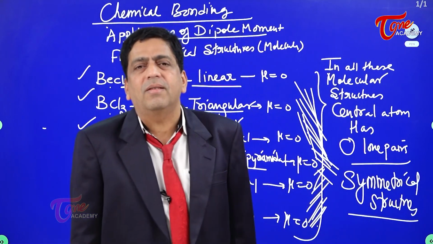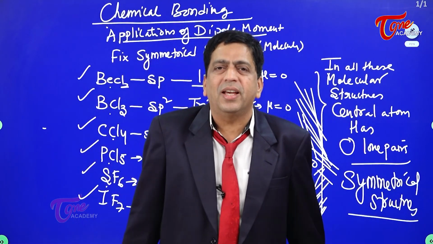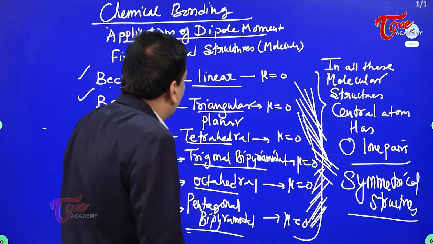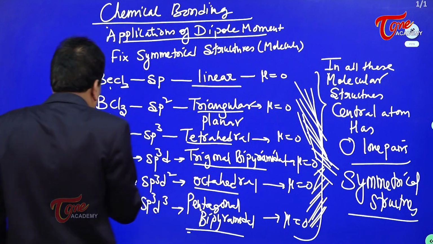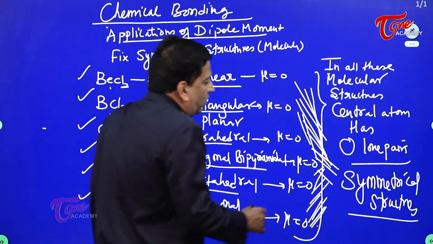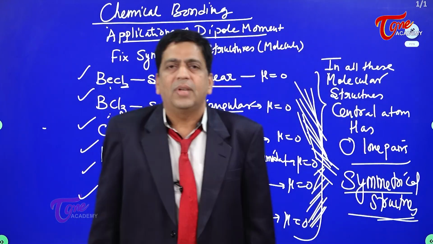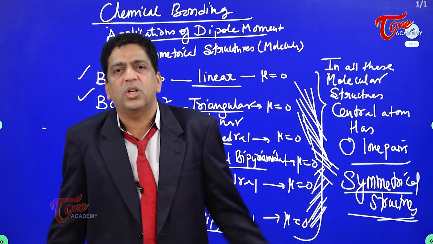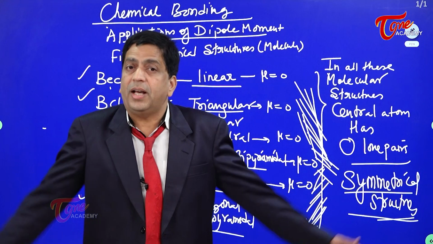You must understand that. So simply speaking, a student can grasp much more easily and remember very easily: if the central atom has no lone pairs, then we say such structures are symmetrical structures, and the dipole moment will be 0.